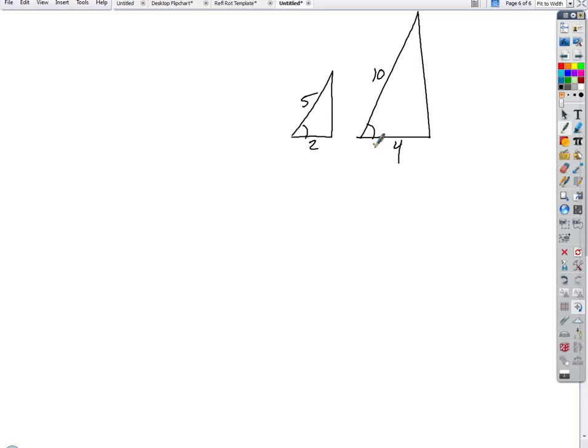That works, doesn't it? That works, because if this angle is congruent, how can we prove this without trig? Everybody come up with an explanation for why that has to be the case? Because these are proportional.